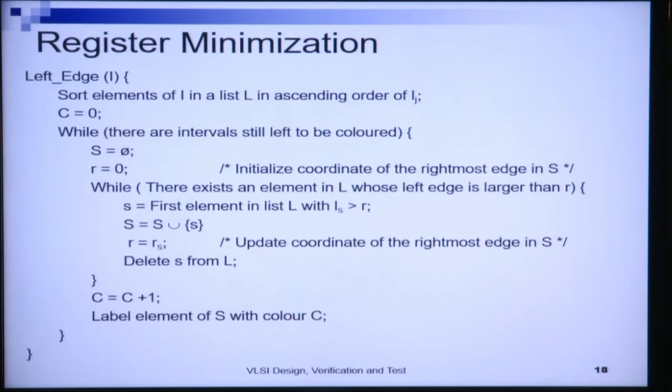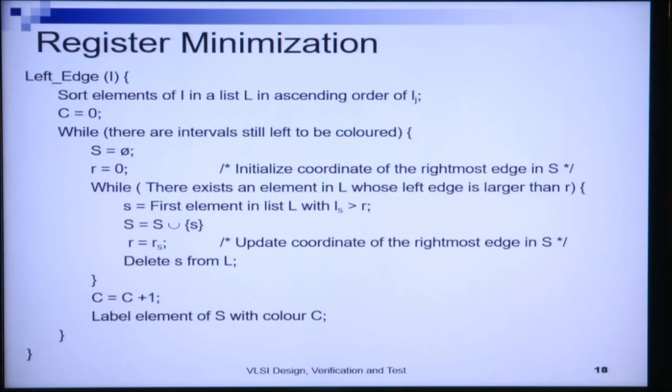Now, because small s has already been allocated a hardware register capital S, I delete s from capital L, which is the list of temporary registers which have not yet been allocated. And then I assign C equals C plus 1, a labeling of color, to capital S, that is a hardware register.